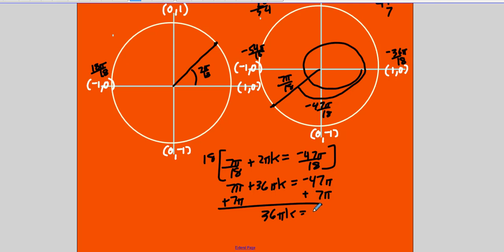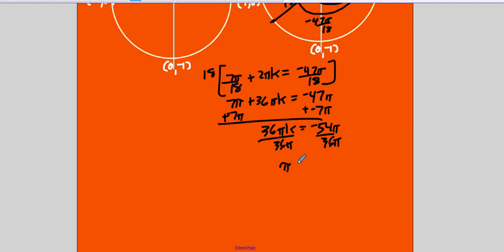equals, that's subtracting, that should be minus. That's going to be negative 54 pi. Okay, so if I divide both sides by 36 pi, I get k equals negative 54 over 36, which you could reduce, but really you can already see this is not an integer.